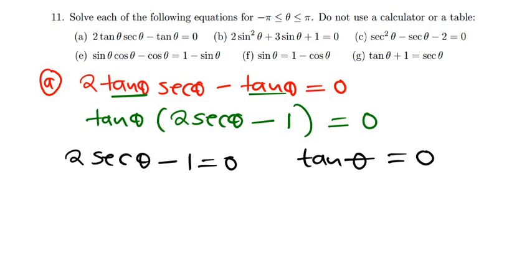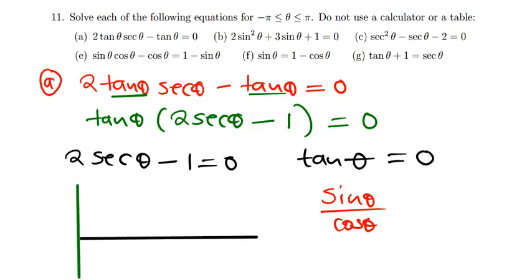Let me start with a simple one, tangent of theta. Tangent of theta is equal to 0. We know tangent of theta is the same as sine of theta over cosine of theta. I've already given you the sine and cosine graphs, but for the sake of people who've not watched those videos, let me give you a quick background so that we can do this faster. The sine graph starts from 0 and it moves like this.